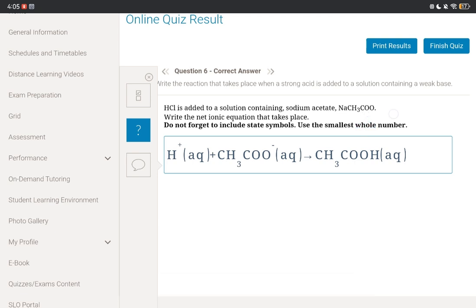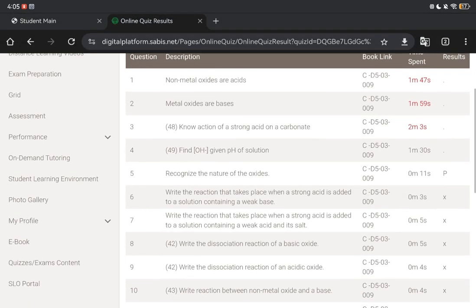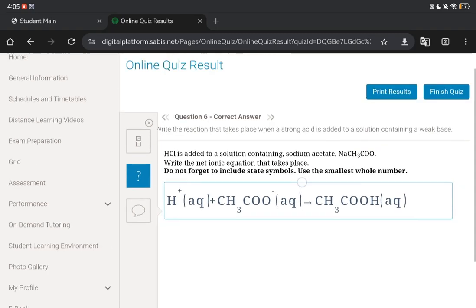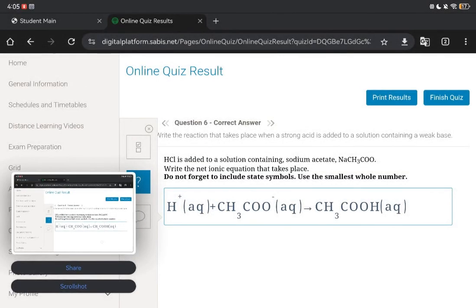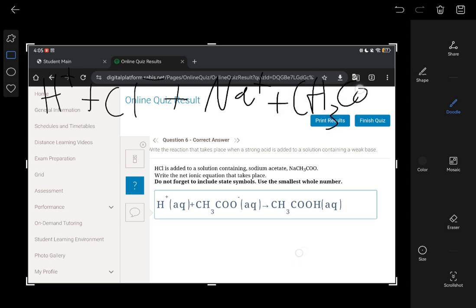HCl is added to NaCH3COO. So it's H plus, I'll write it. Wait. Which question was it? Yeah. Okay, look. So it's gonna be H plus, Cl minus, plus Na plus, CH3COO minus, gives you NaCl salt.